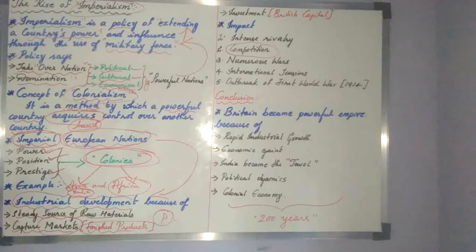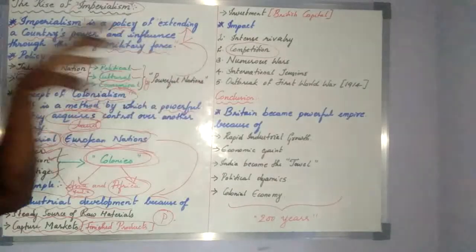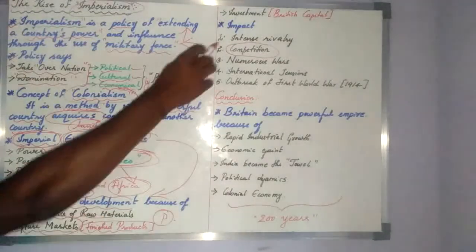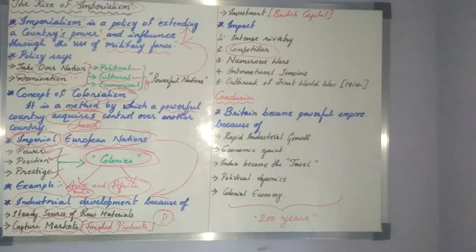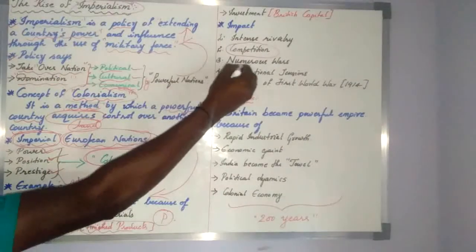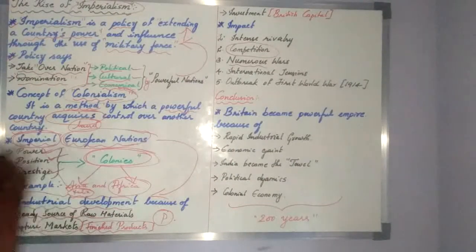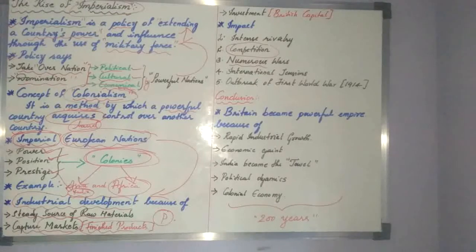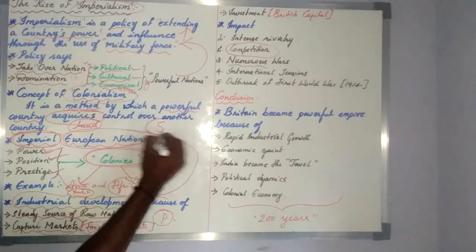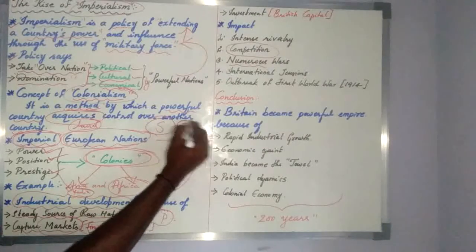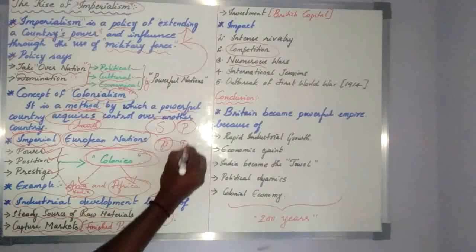Small clashes happened as one country tried to show its superiority. That intense rivalry created numerous wars within the European continent, only for superiority, power, position, and prestige.